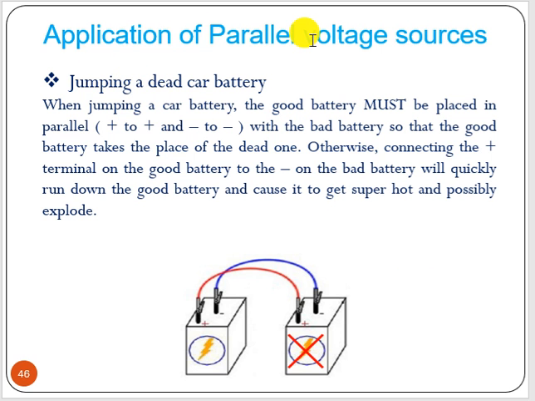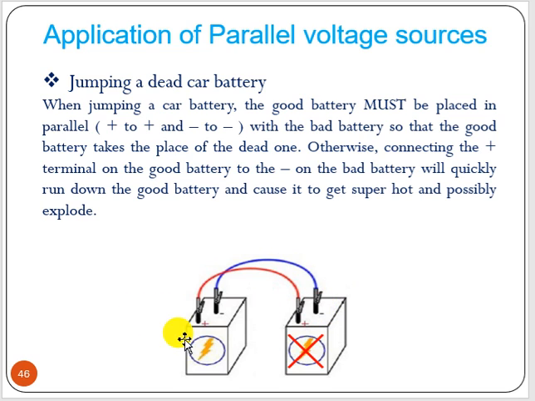Now, an application of parallel voltage sources, which is used in many cases, one use is jumping a dead car battery. Suppose you have a car and the battery is dead somehow. What we can do is take another extra battery from outside and connect the positive of the good battery to the positive of the dead battery, and the negative of the good battery to the negative of the dead battery.